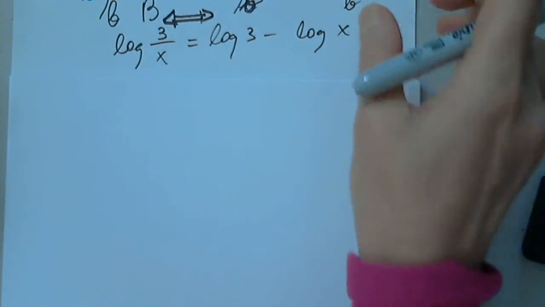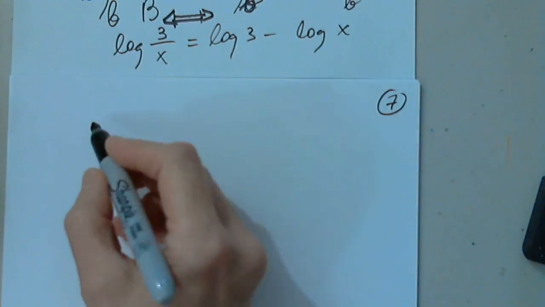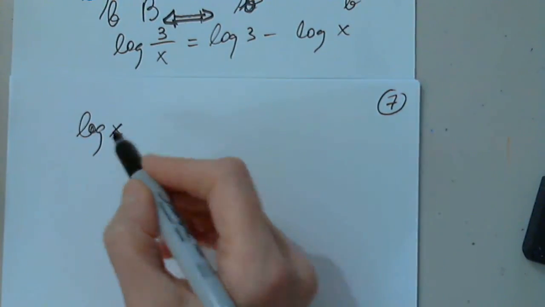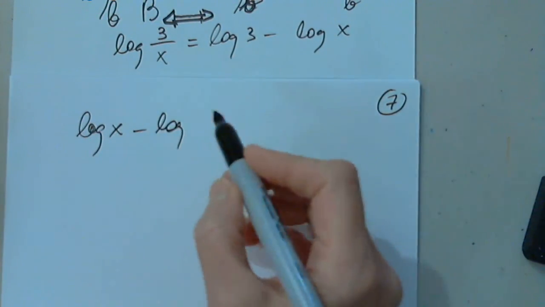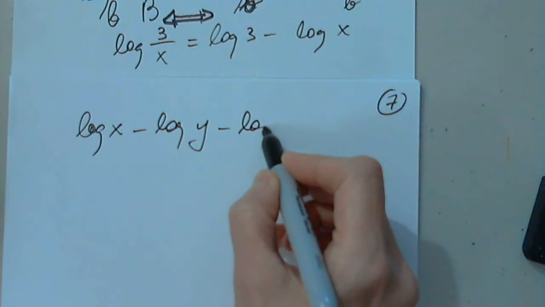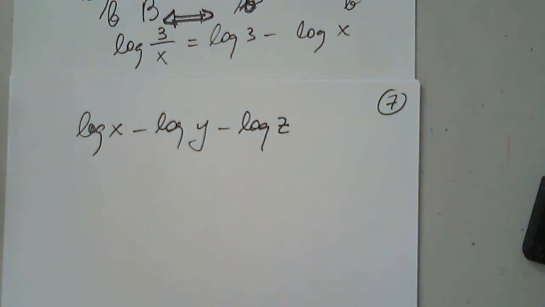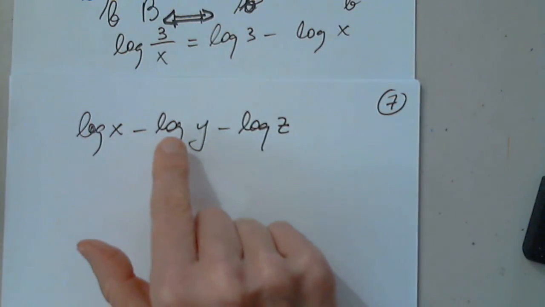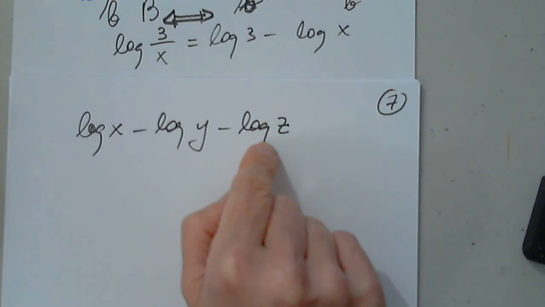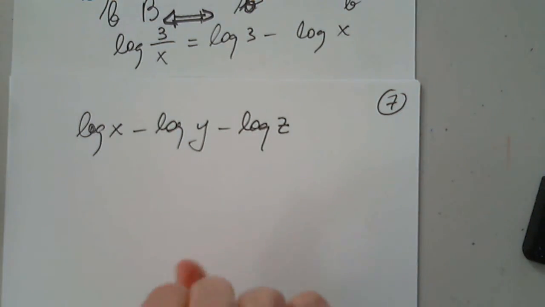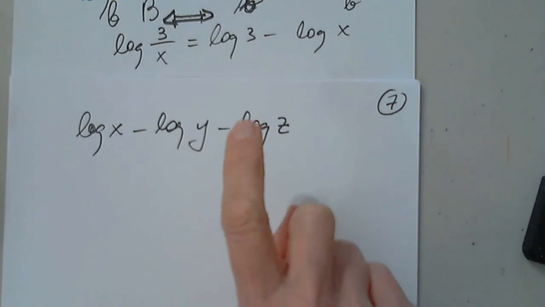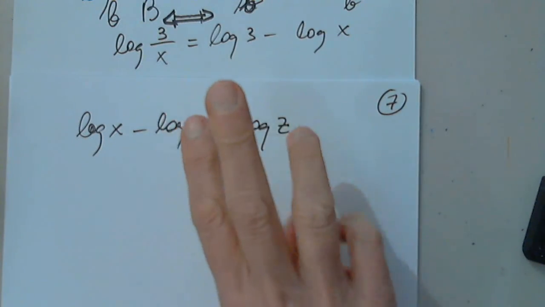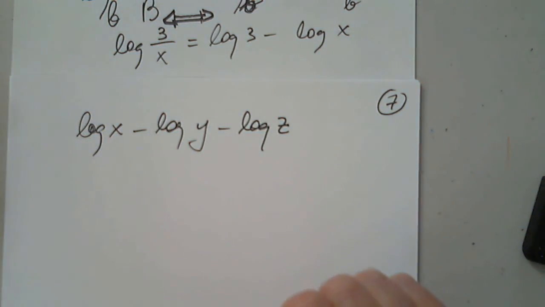So let's look at an example right here, right now. So let's say log x minus log y minus log z. I'm stretching it a little bit just to make sure that we understand something very important. How many logs do we see here? 3.